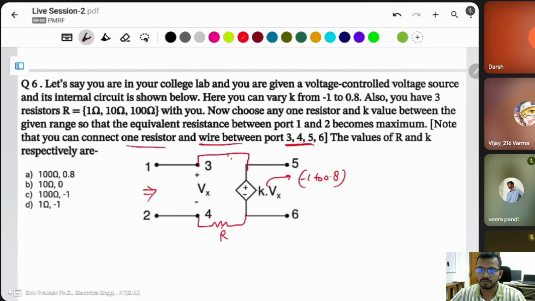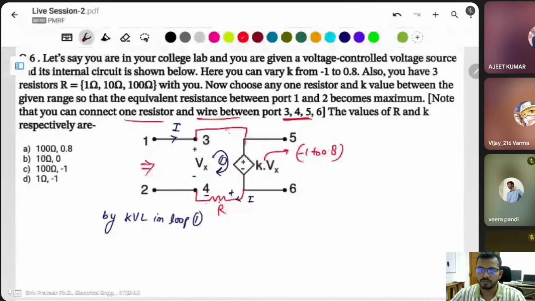Okay. Simply take current I. Then take a loop. There is a loop forming between them. Current is flowing from here to here. That's why positive here, negative here. Current is flowing I. Then apply the KVL in this loop, Loop 1.